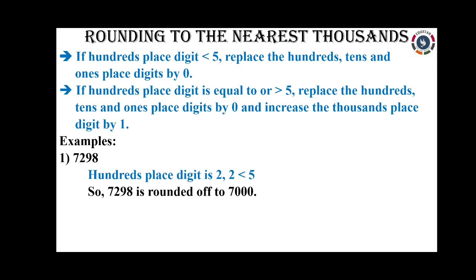So, 7298 is rounded off to 7000. Next, second example, 58,569.